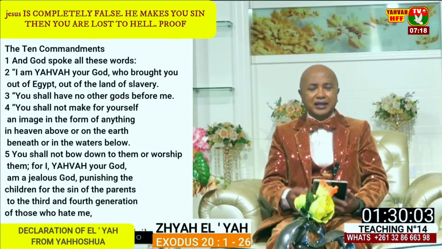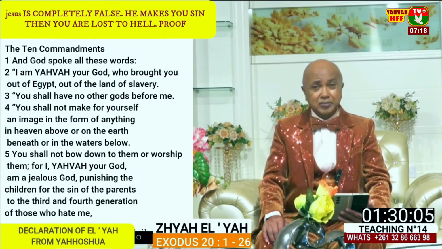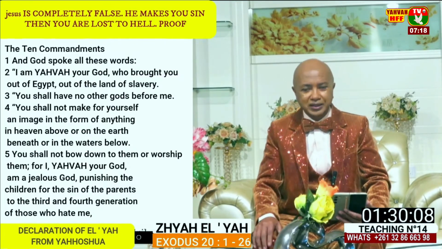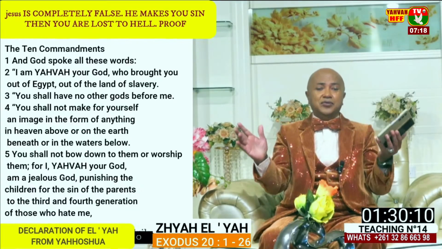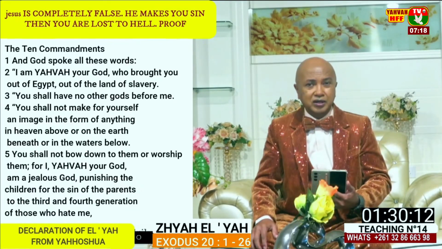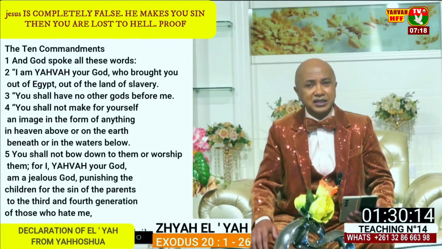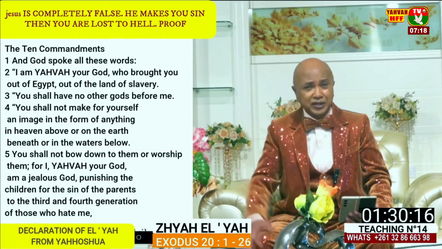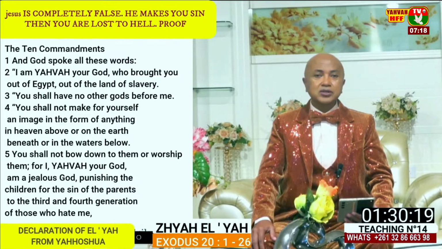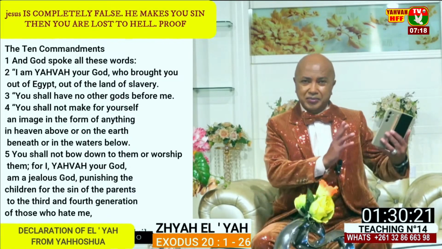Okay, let's carry on the story, because if you don't understand the story, you're not going to know this. When I say the Ten Commandments is destroyed, you humans were complaining, like, why did you destroy the Ten Commandments? But that's why you were human. You don't know anything.